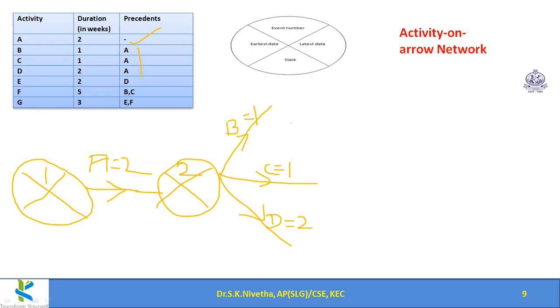So when B and C are over, I can carry out F. So these two are ending in one event. I am numbering this as 3. From here, I can start F.